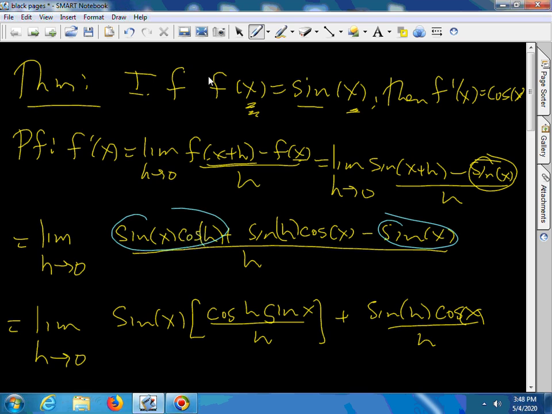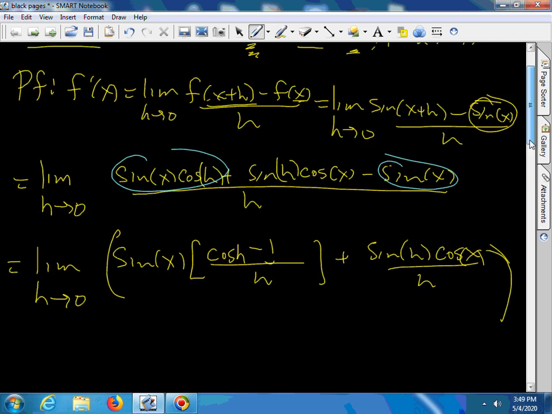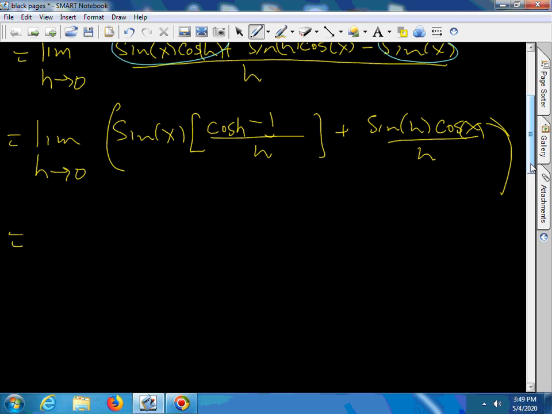And of course I have just a little typo here. This should be the cosine of h minus 1, minus 1. Okay, so we have the limit of that.